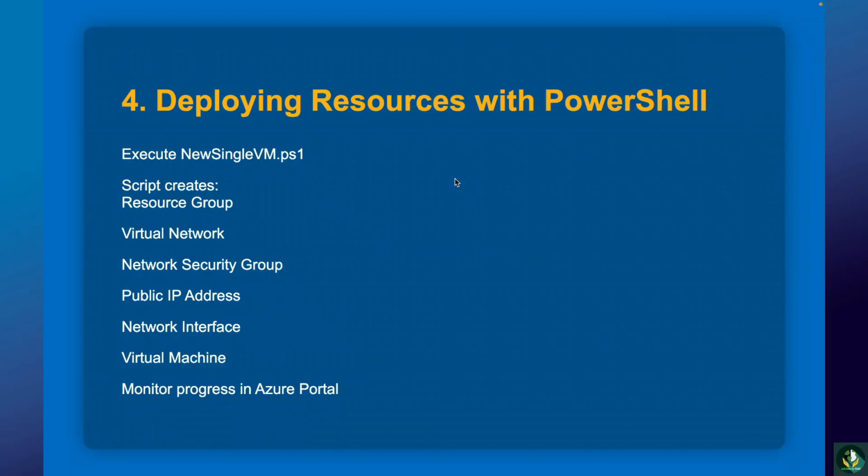So we'll be deploying resources with PowerShell. We'll execute this script, which will create resource group for us, virtual network, network security group, public IP address, network interface, virtual machine itself, all with Azure PowerShell module. We'll be using commands like new AZ resource group, new AZ virtual network, and new AZ VM to create these resources.